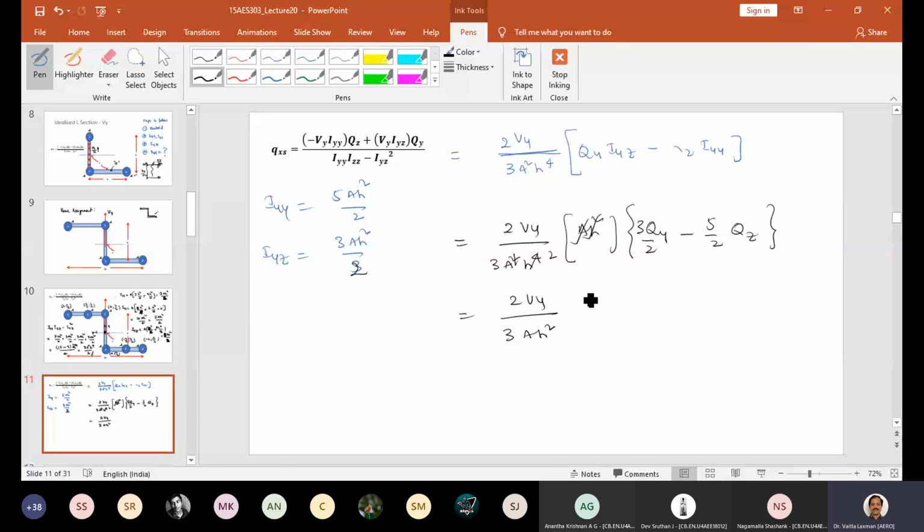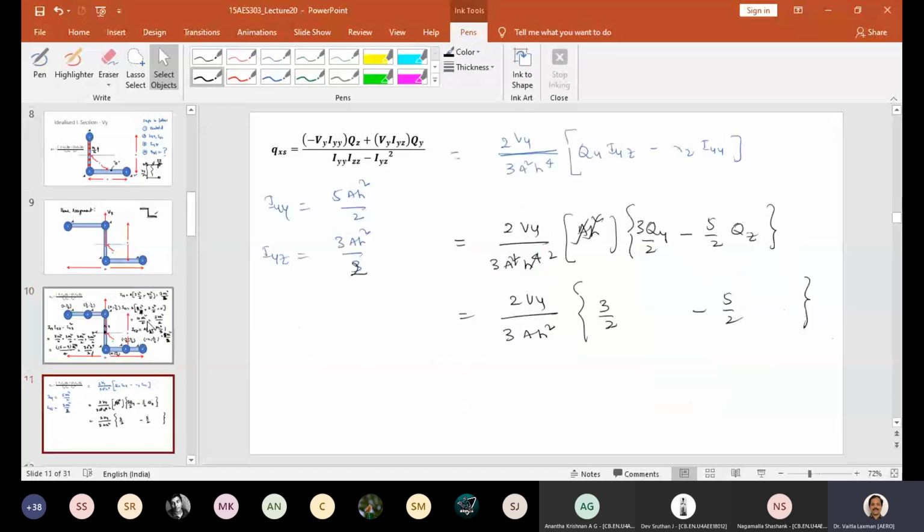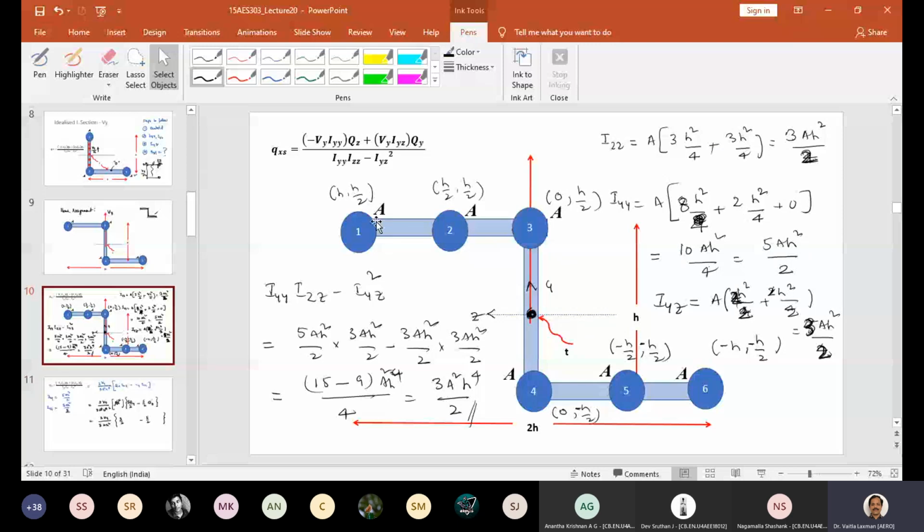3ah square. Now we have to do 3 by 2 into what is Qy? What is Qz? We are starting from the 1. 1 is this one, right? For this case, what is Qy? This area into Qy.